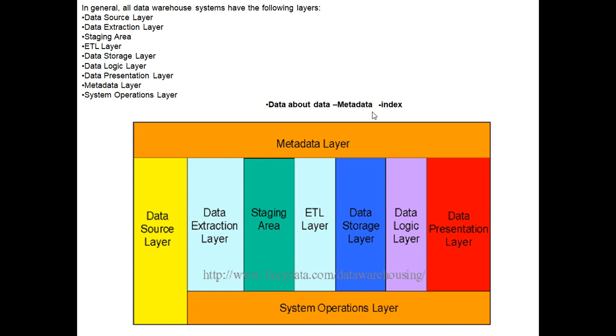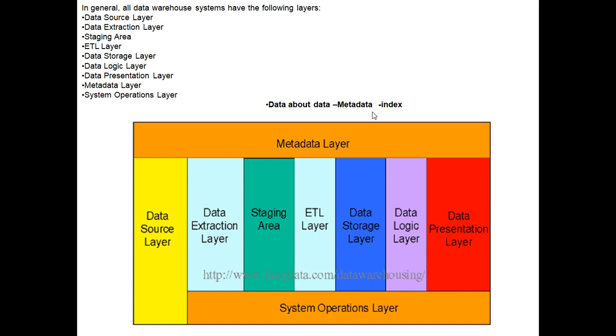Yes, correct. The whole project architecture will be given to you when you join the project, so you can understand the different layers and how the data is flowing. They will also give you the logical data model.